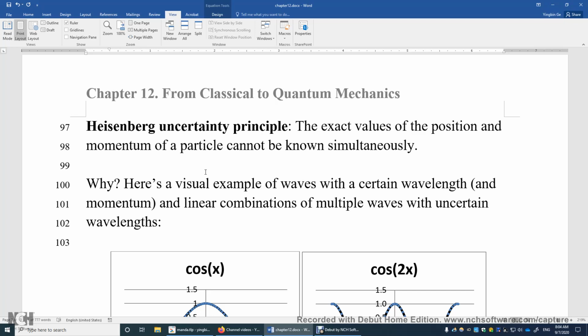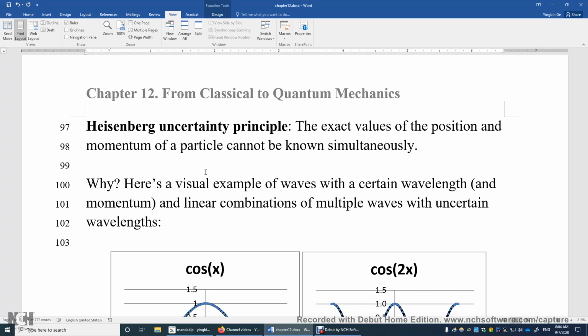A wave with a certain frequency has a certain wavelength. Using de Broglie's relation, wavelength is equal to h over p. That means p is certain. The momentum is certain. However, if you imagine a wave with a certain frequency, where is the position of the wave? It's all over the space. A wave occupies the entire space. We do not know where the wave is exactly.